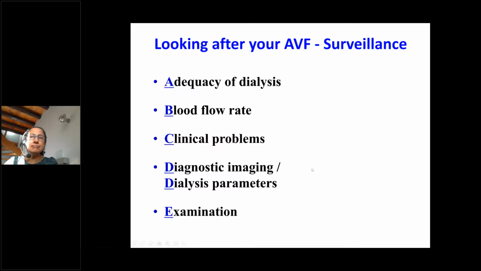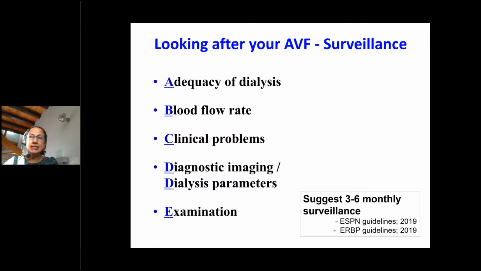Now, all of these different factors should be performed each time, and it is suggested by our ESPN guideline as well as by European best practice guidelines that 3 to 6 monthly surveillance is performed. And remember, this is in a healthy fistula, not when you encounter problems.